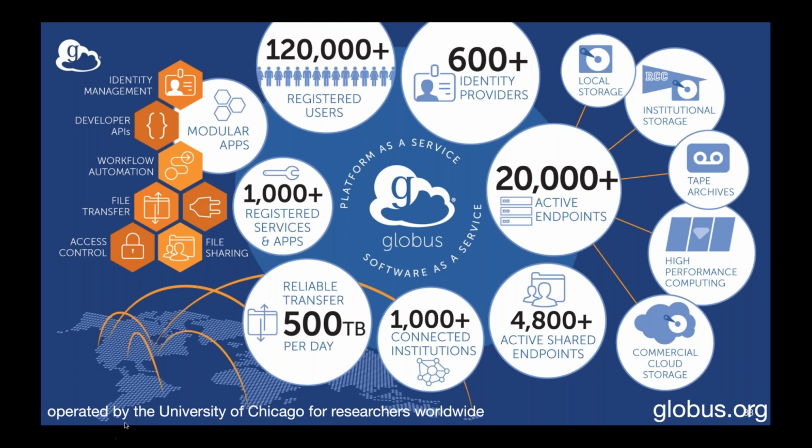But it's operated by the University of Chicago as a not-for-profit capability. Many people use it for free, but more than 100 institutions have subscriptions to the service that provide them with access to some premium capabilities. And it's the subscriptions that let us keep operating this service for the research community.